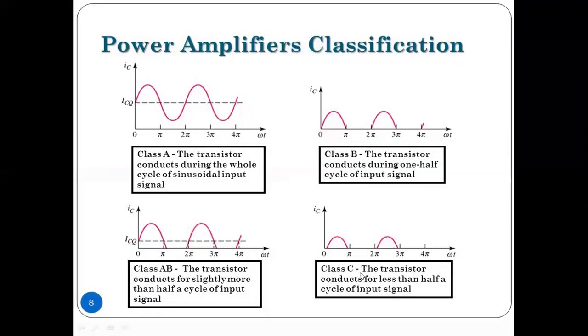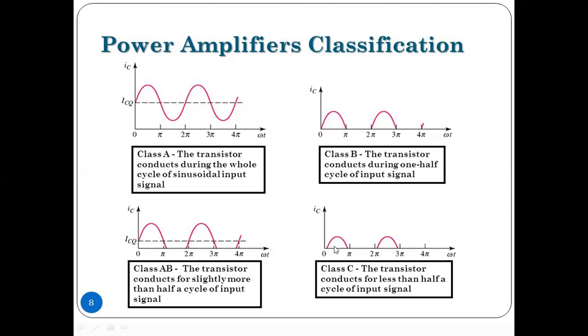If you observe the figure, this is class C, the fourth figure. In the class C power amplifier, the transistor conducts less than 180 degrees. Okay, so from 0 to pi means 180 degrees.